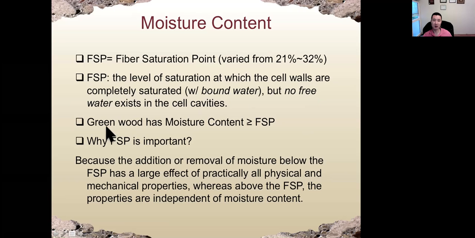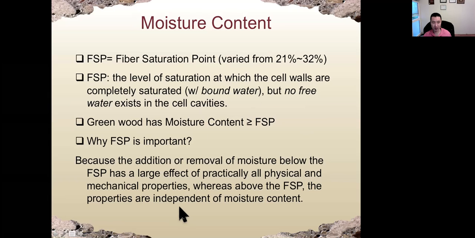For green wood, the moisture content is larger than FSP. The reason we care about FSP is because the addition or removal of moisture below the fiber saturation point has a big effect on the physical and mechanical properties of wood, because below FSP we have a change in the bound water.